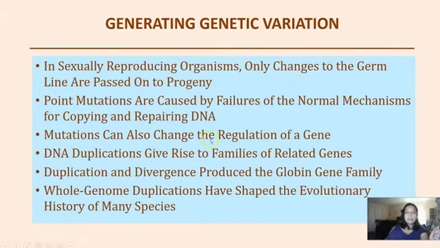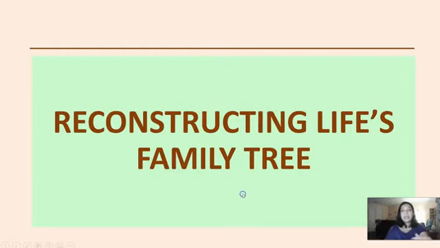A whole genome duplication has also been a big driving force in the evolutionary history of many species and is especially used in agriculture and crops. Okay, so next we are going to be talking about how we can reconstruct family trees looking at the mutations and their sequence over time in different ways.